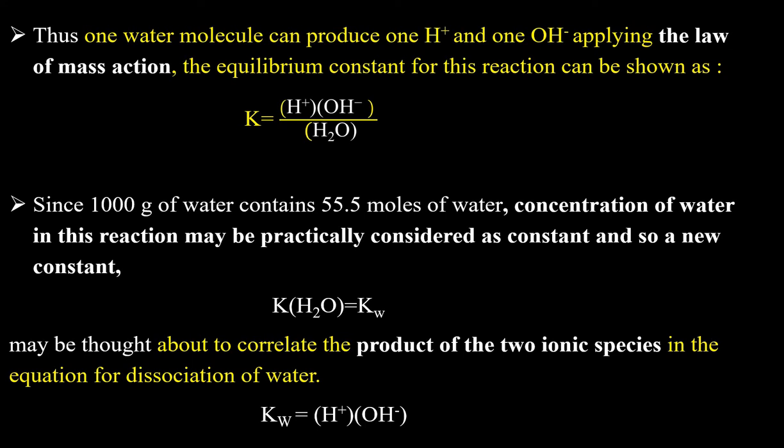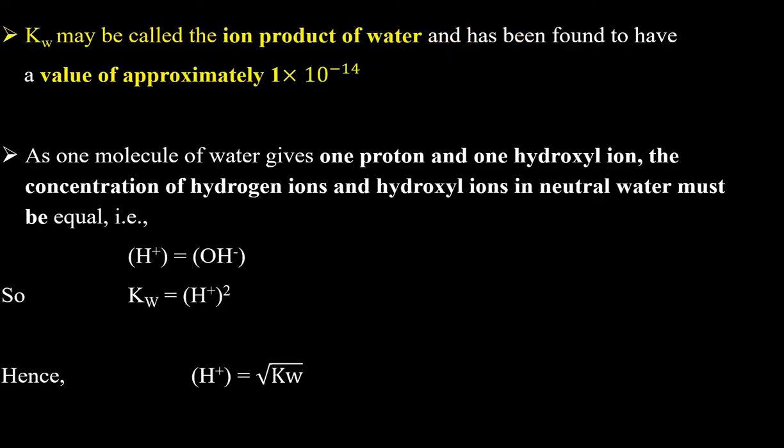Kw equals H plus times OH minus. Here Kw means the ionic product of water, and has been found to have a value of approximately 1 into 10 raised to minus 14.